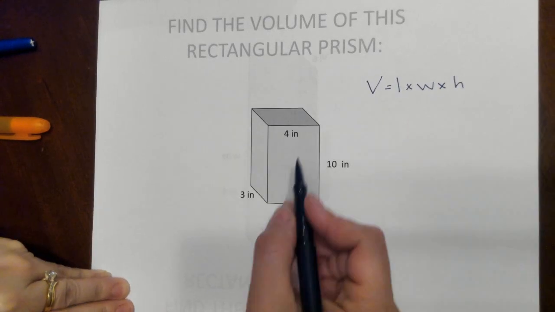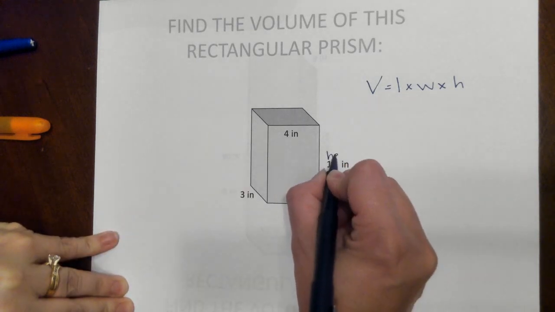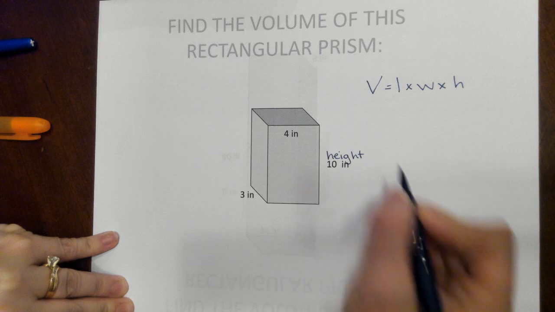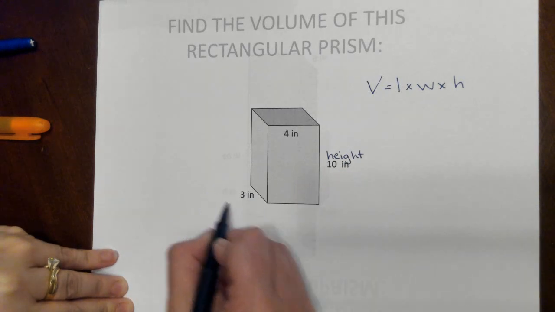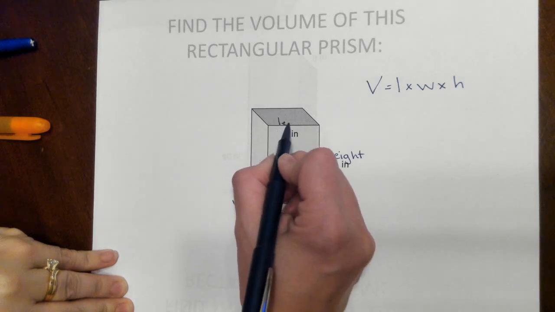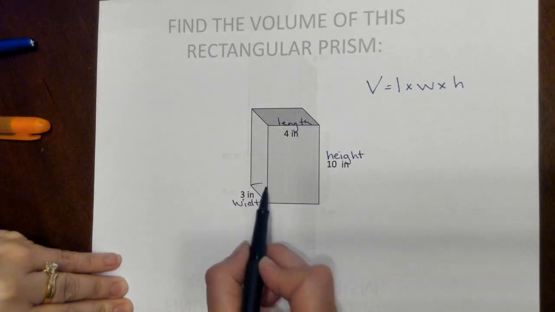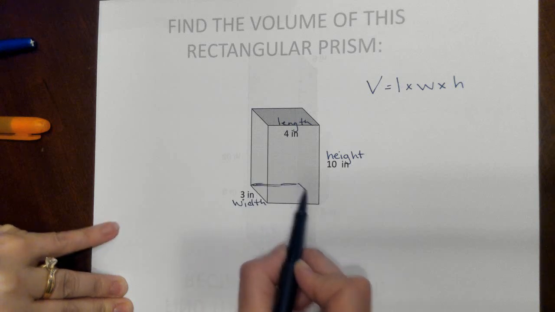Okay, let's label on here. This is our height. This is our width. And then length.